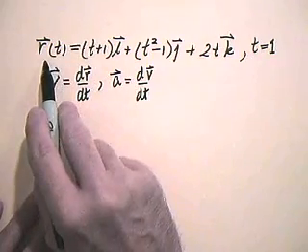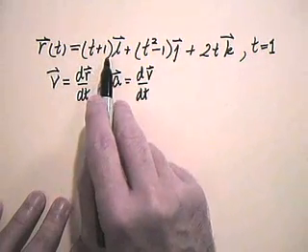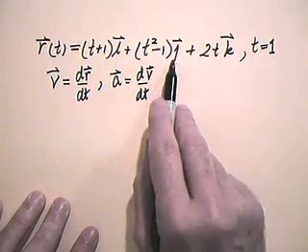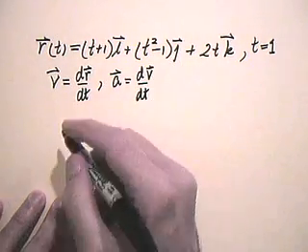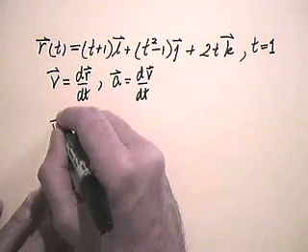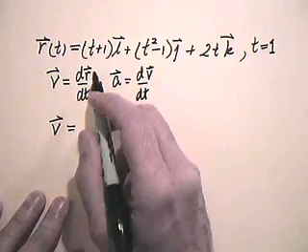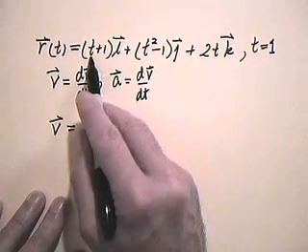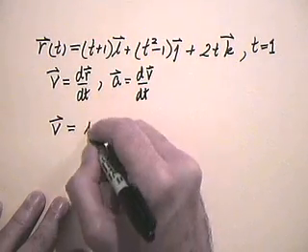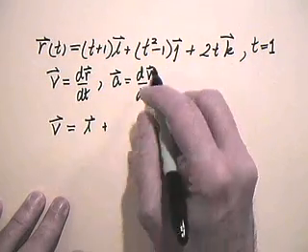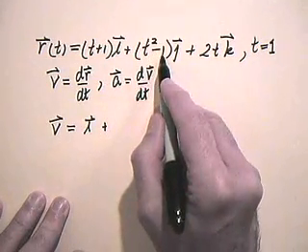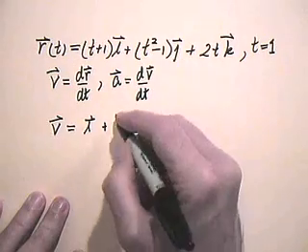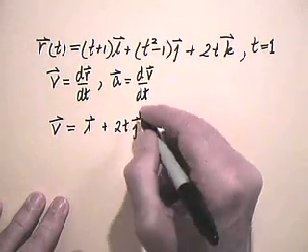Our vector function is r(t) equals (t plus 1)i plus (t squared minus 1)j plus 2t k, and so we can differentiate component-wise. The velocity is, well, the derivative of t plus 1 is simply 1, so we get i. The derivative of t squared minus 1 is 2t, so that's to be multiplied by j.